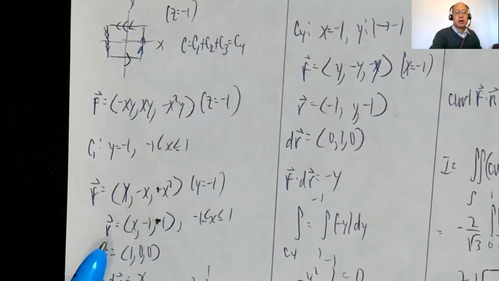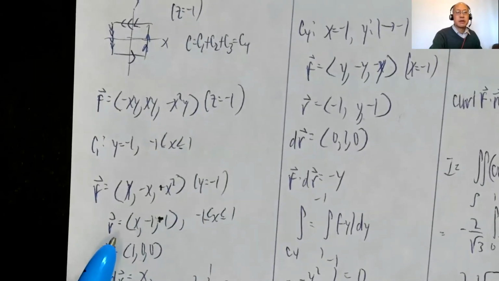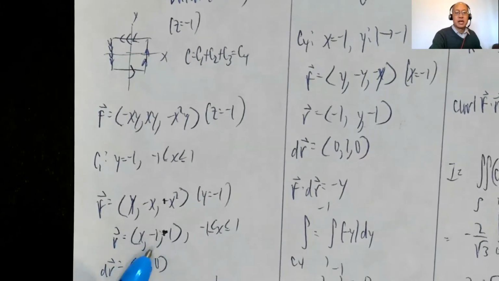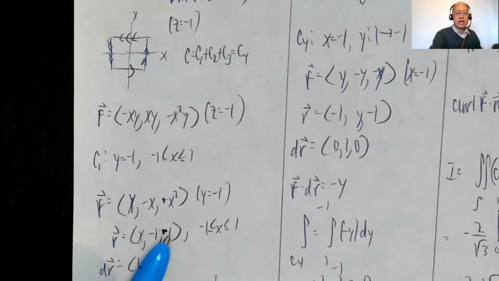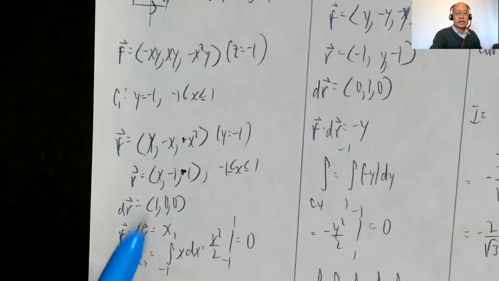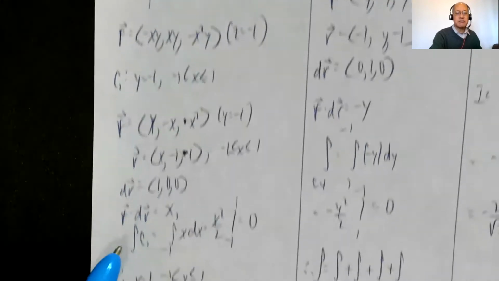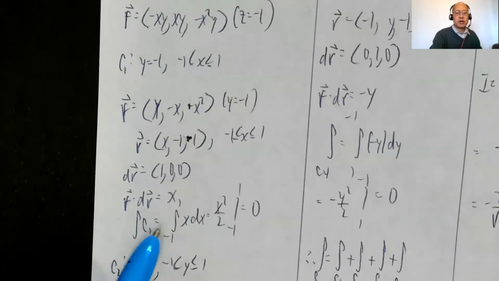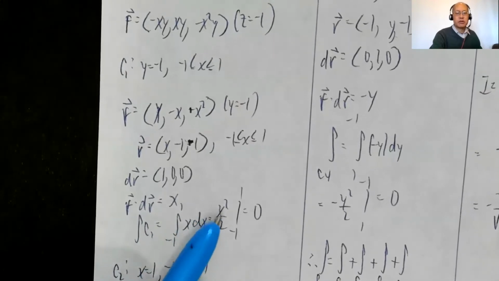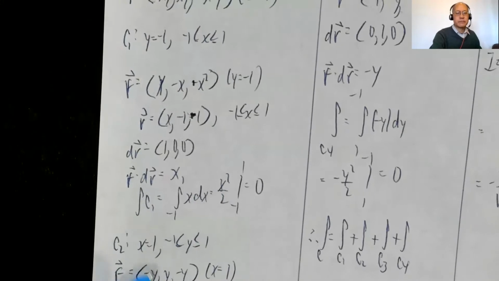Okay, so r, the position vector, is x, y, z. Well, y is -1, z is -1. So dr is 1, 0, 0. So F dot dr is just going to be x. So the integral along C1 is the integral from -1 to 1 of x dx, x² over 2 from -1 to 1, which is 0.